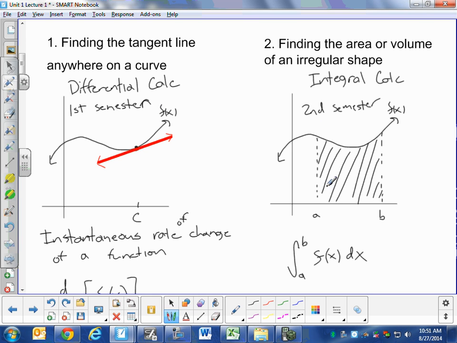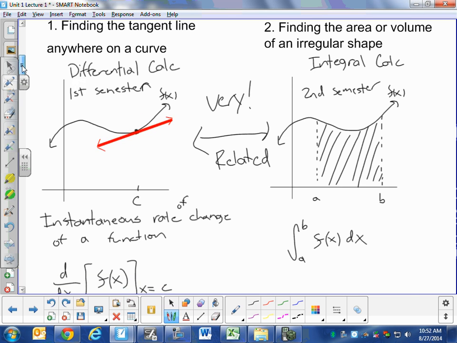Over here, we'll take this area, we'll spin it around this x-axis, making a three-dimensional shape, and we'll be able to find the volume of that shape. Turns out these two are very related. It's kind of going one way for the first question, it's going the other way for the second question, which you'll see is interesting.